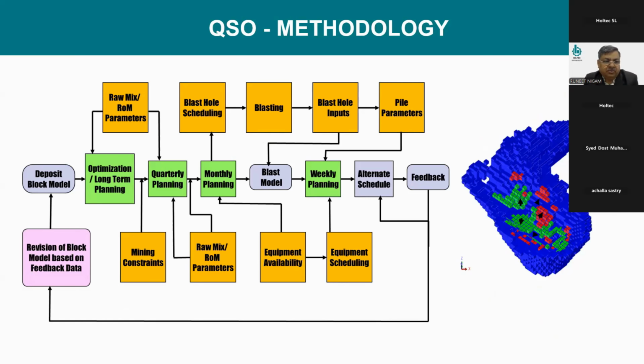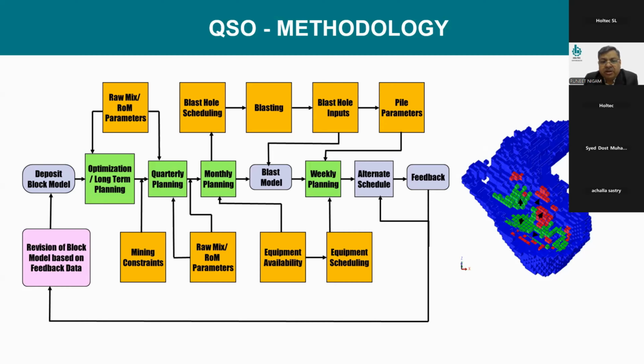and this we go for long-term optimization, then quarterly, then monthly, and parallelly we have blast hole data. That blast hole data we again use to modify and fine-tune the model, and then we go for weekly planning, alternate planning, like that. And all this data which is generated comes to the software as feedback data.